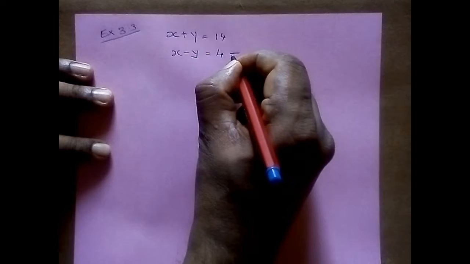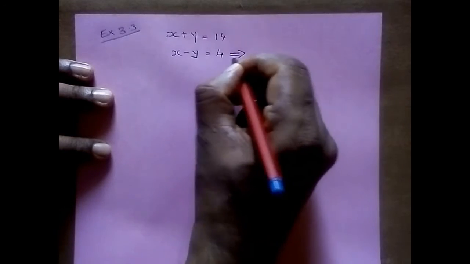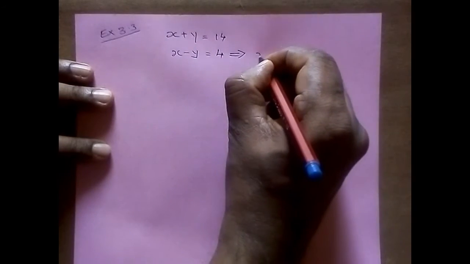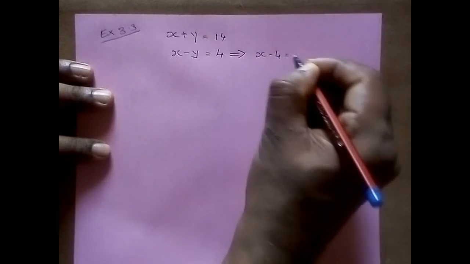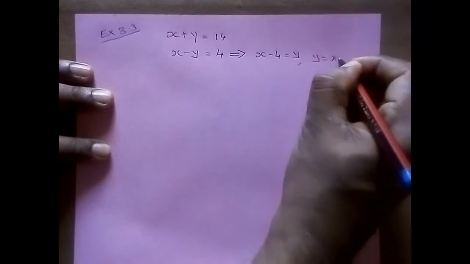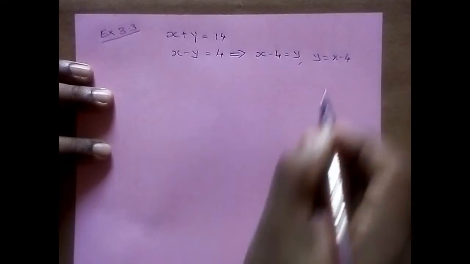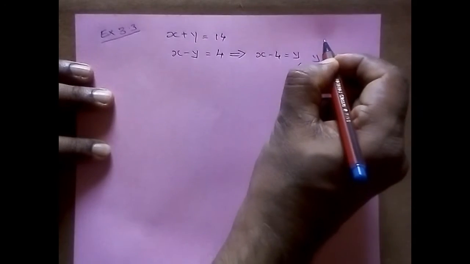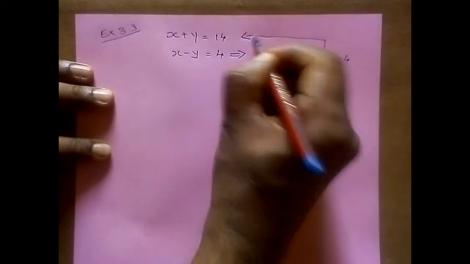For example, from the second equation, x minus 4 is equal to y, or y equals x minus 4. So this value we are going to substitute in the first equation.